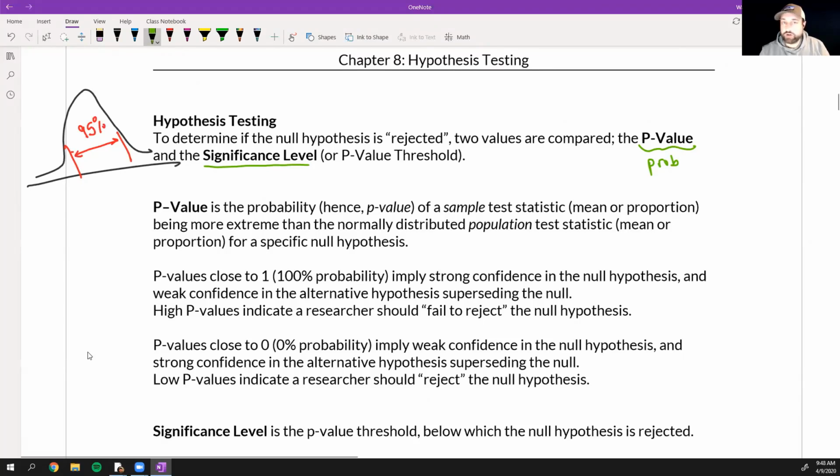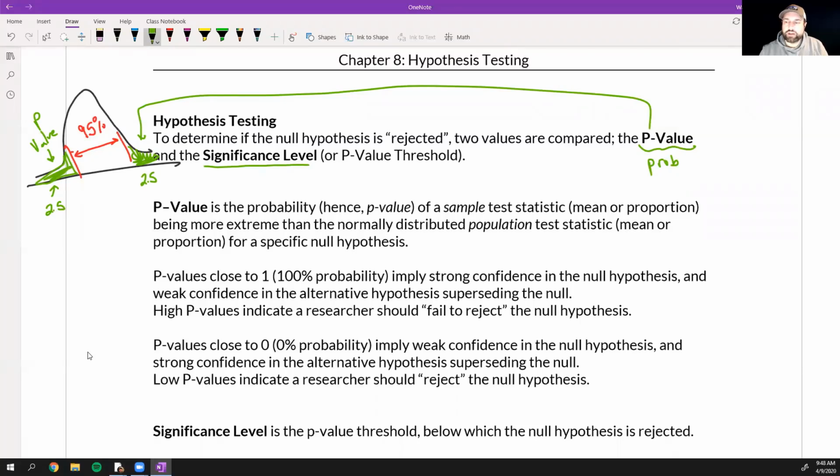In this case, for hypothesis testing, the p-value is actually the area under the tails. So the p-value is this area, here and here. So if you've got 95%, that means 2.5% is here and 2.5% is here.